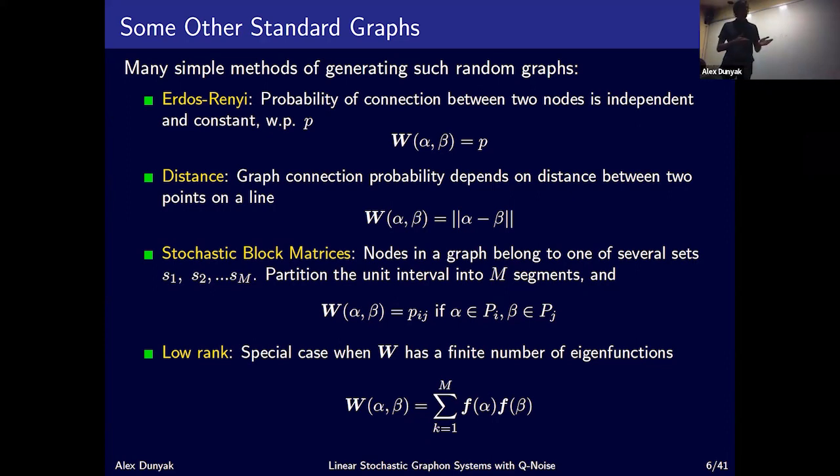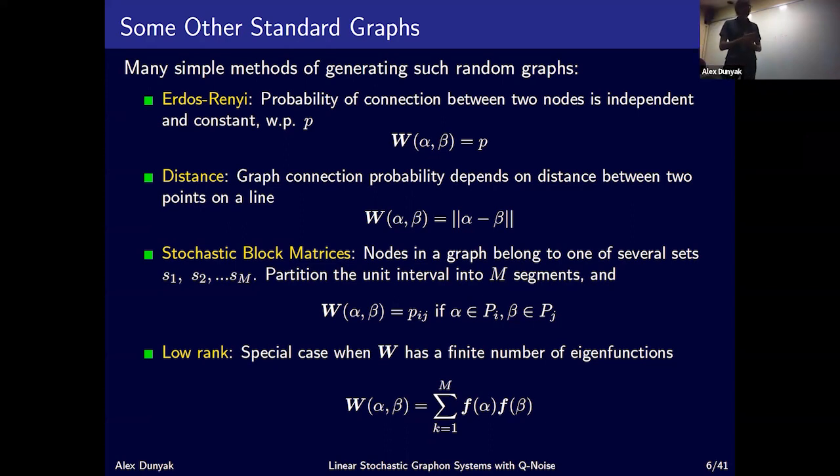Sort of an extension of the Erdős-Renyi graph is the stochastic block matrix, where each node belongs to a set, and the probability of connection between nodes is dependent only on their set. So to define their graphon, you just partition the unit interval into the number of sets you have, and then set the graphon to be piecewise constant on those intervals.